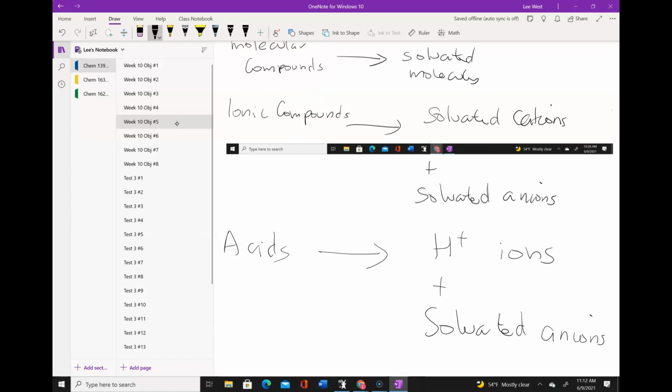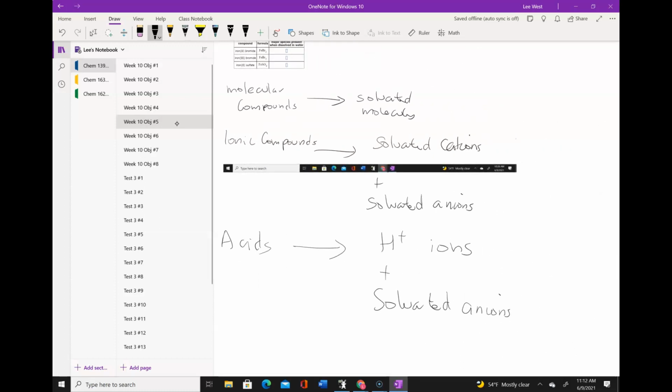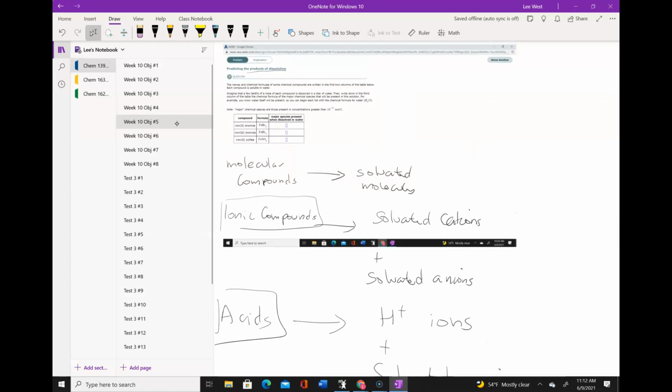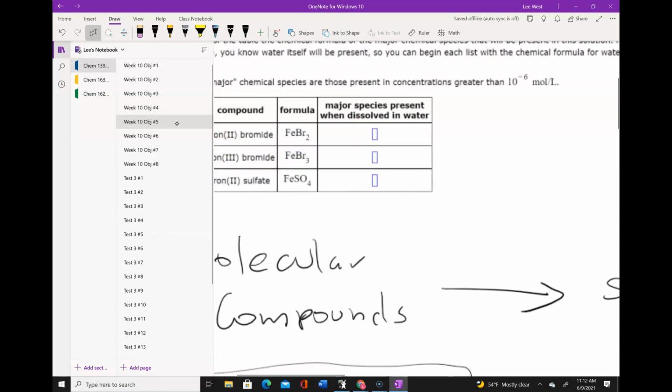So the important thing to recognize is that when some compounds dissolve, namely ionic compounds and acids, you get more than one species present in the solution. So the key thing here is you need to be identifying whether you have an ionic compound, whether you have an acid, or whether you have a molecular compound that is not an acid.